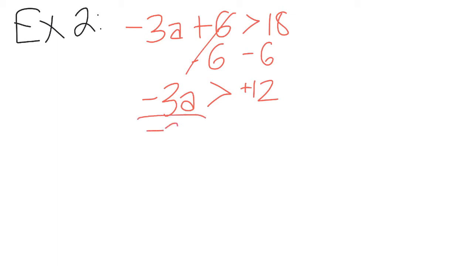However, I'm going to divide by -3. That cancels out, so I have a, and then 12 divided by -3 is -4.